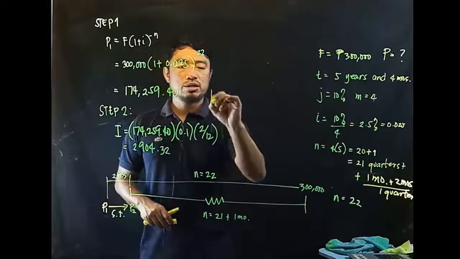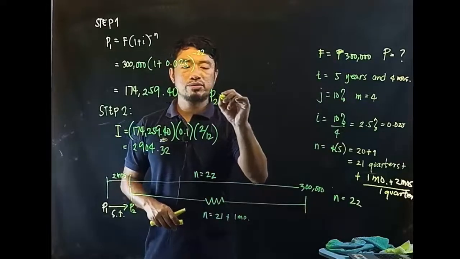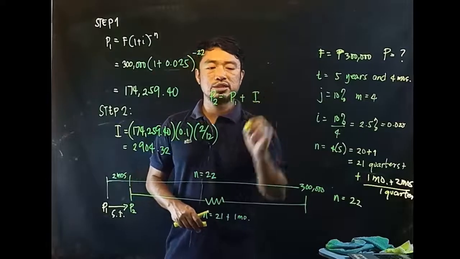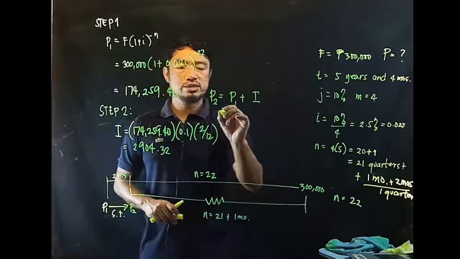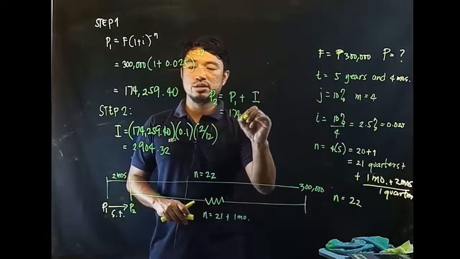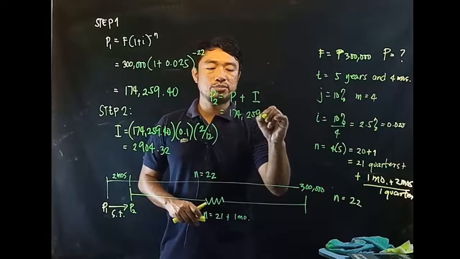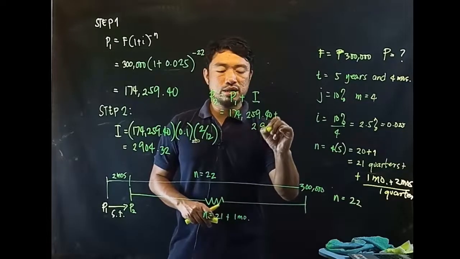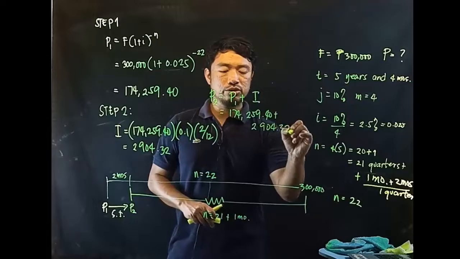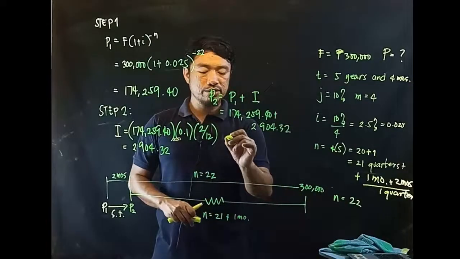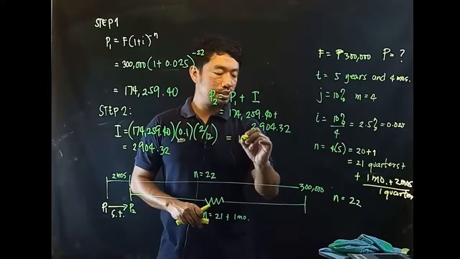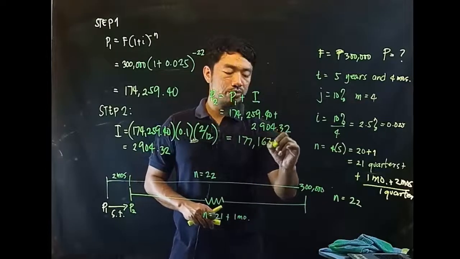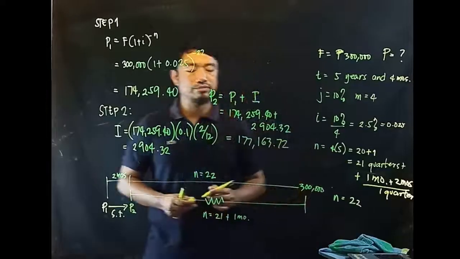Therefore, our true present value is equal to P1 plus the interest gained for the remaining 2 months. So that's 174,259.40 plus 2,904.32. And the true present value is equal to 177,163.72.